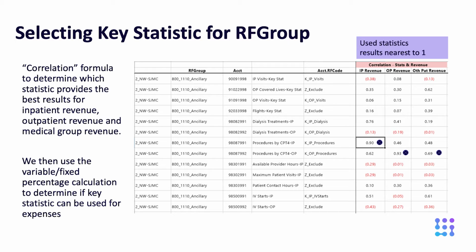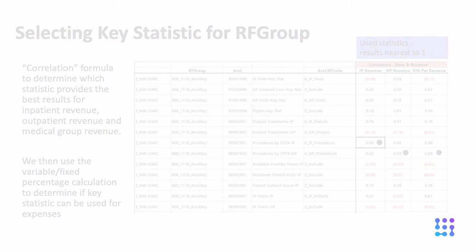So what we did here was we used the correlation formula within Excel to try to identify which key statistic to use for inpatient revenue, outpatient hospital revenue, and other patient revenue, which is essentially our medical group revenue.